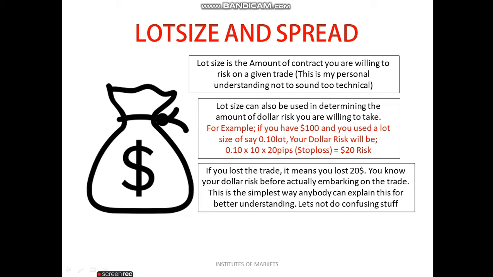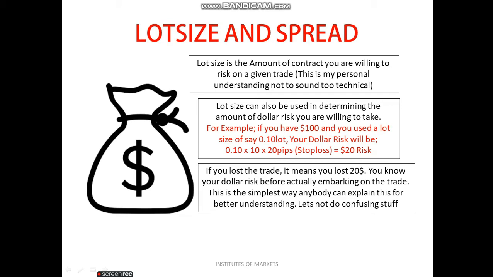For example, this is the math I did. If you have $100 in your account and you use a lot size of, say, 0.10 lot, how do you know the amount of dollars you will lose if you lose this trade?